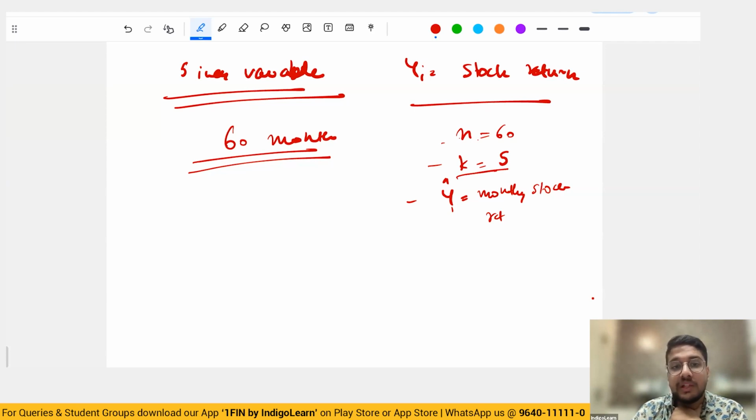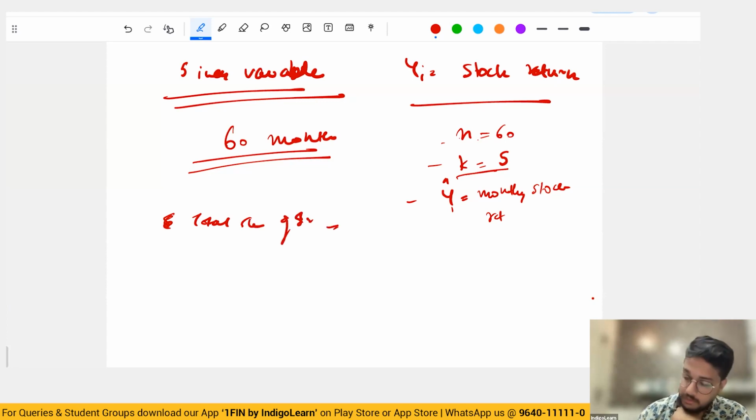So what are these values? SSE and SST. Total sum of squares is 460, and sum of squares error is 170.